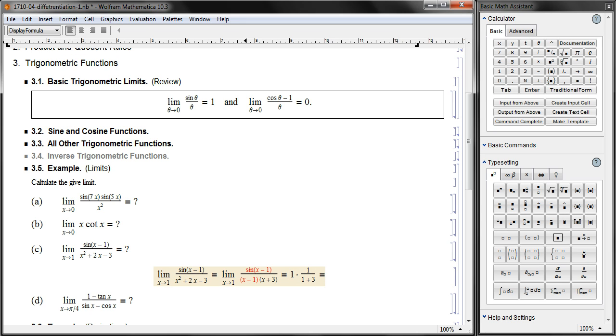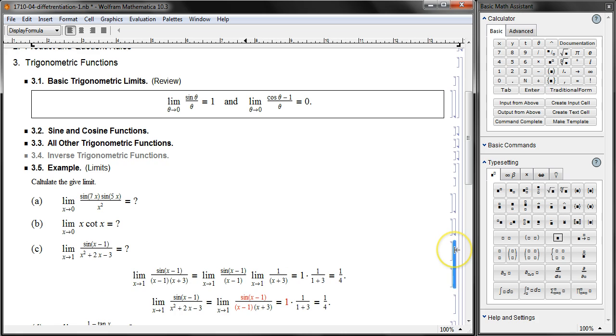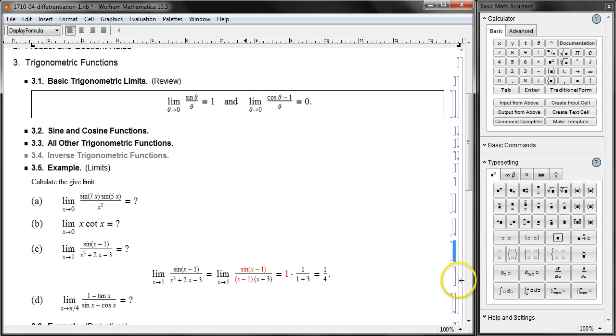So this is equivalent to 1/4. You see, to this one, you can just plug in x equals to 1 because that doesn't go to 0. The red part is 0 over 0, but that'll turn out to be 1. What's the answer here? Yes, it is 1/4.